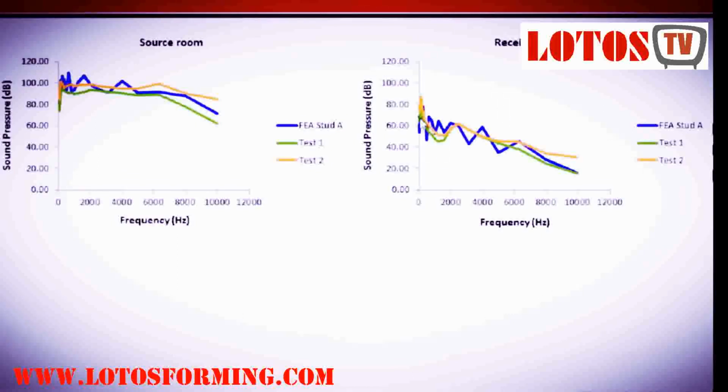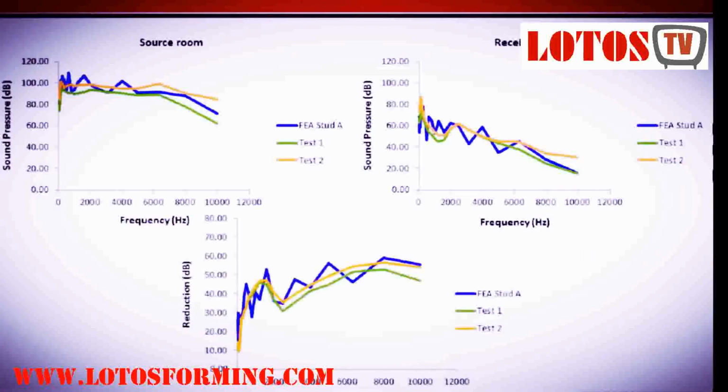And again, you can see the simulation result in blue curve is also in very good agreement with the test results. By subtracting the sound pressure between the source room and the receiving room, we will obtain the reduction in decibels between the two rooms.